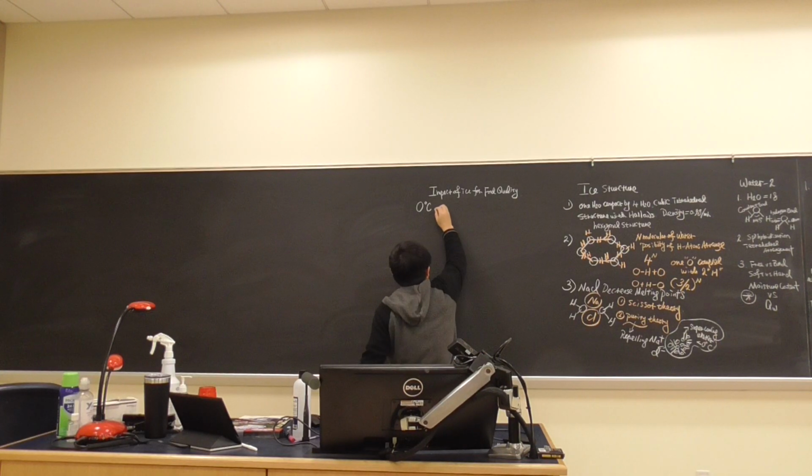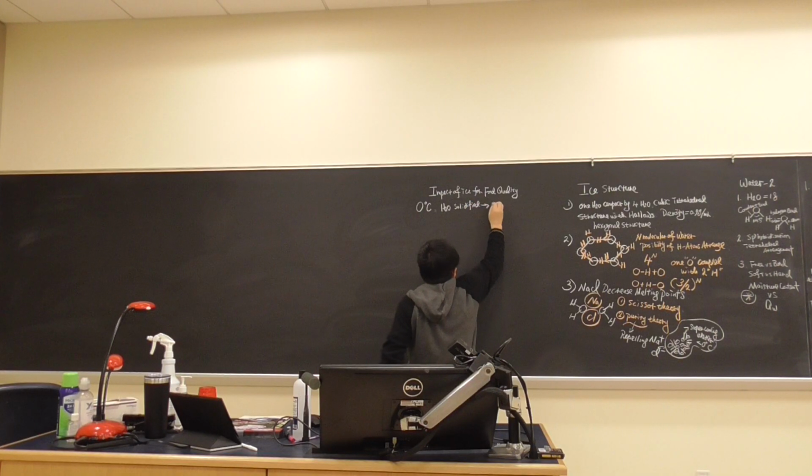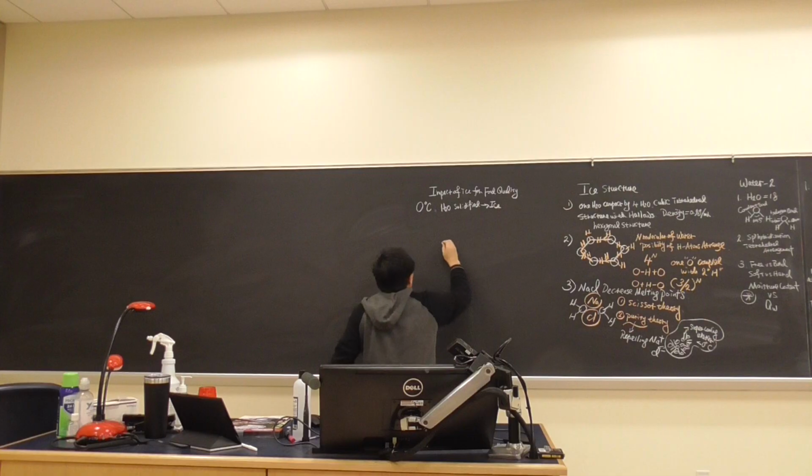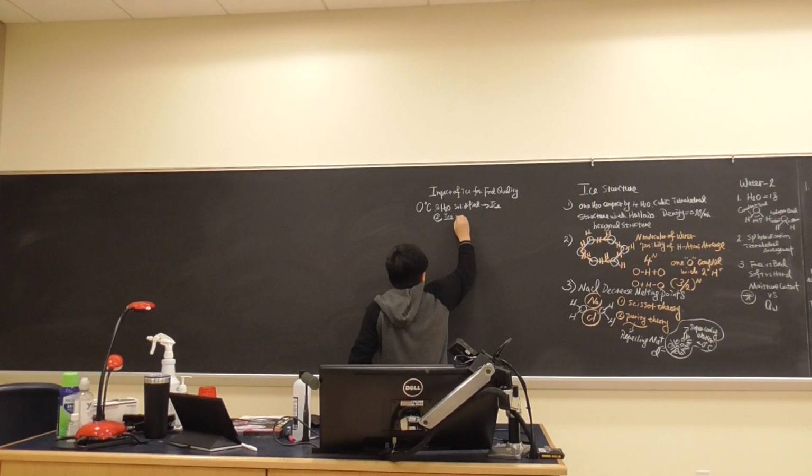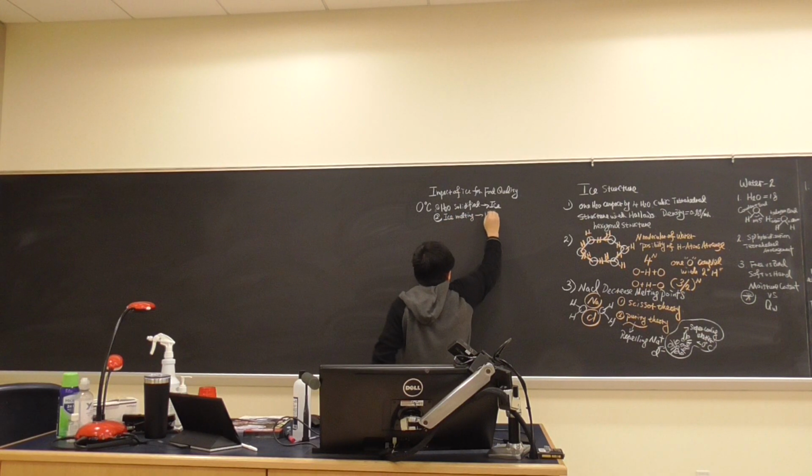Okay, 0 degrees Celsius is water solidifying to become ice. This is number one. Number two, 0 degrees Celsius is ice melting to become water. This is what everybody knows.